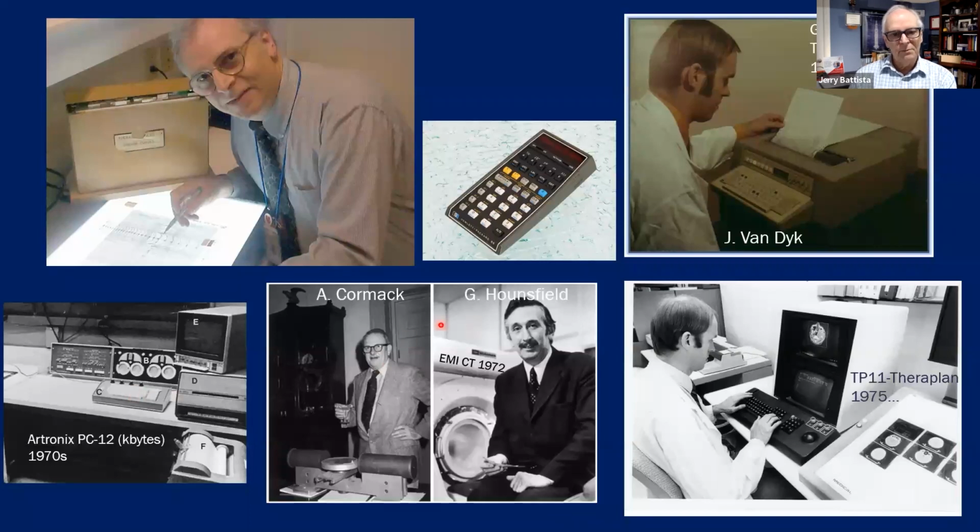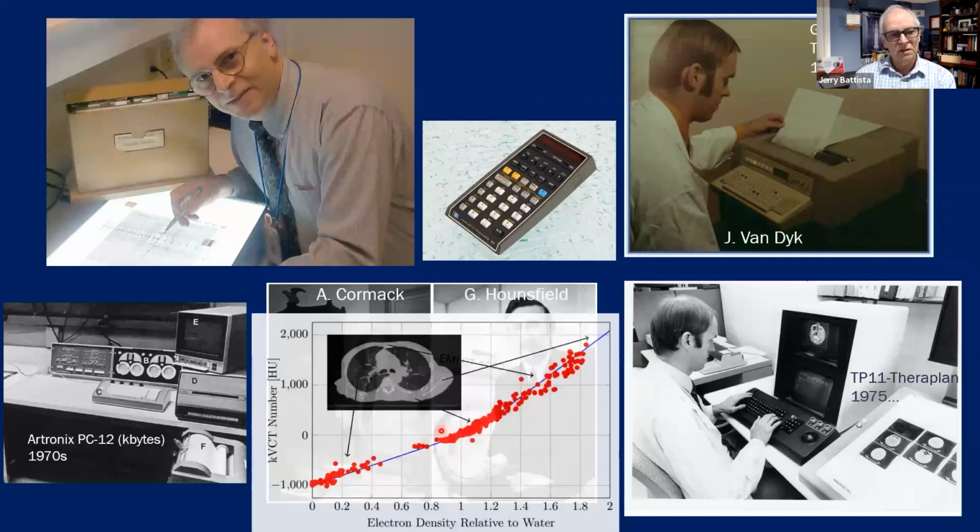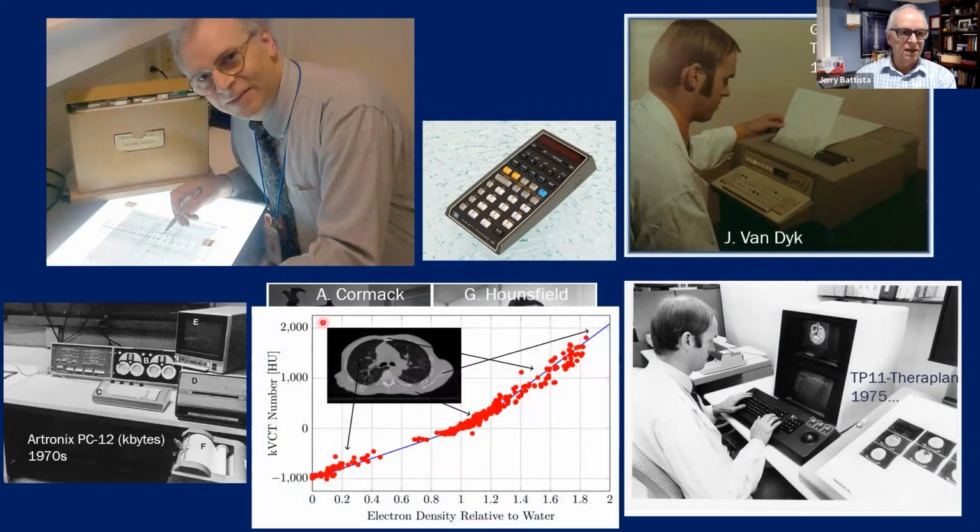The big developments occurred as well when Alan Cormack and Godfrey Hounsfield, Cormack the physicist and Hounsfield the engineer, led to the development of the first brain scanner. And this really changed the calculation methods, because now we had a technique using CT numbers, a way to convert to electron densities relative to water for any kind of tissue in the body.